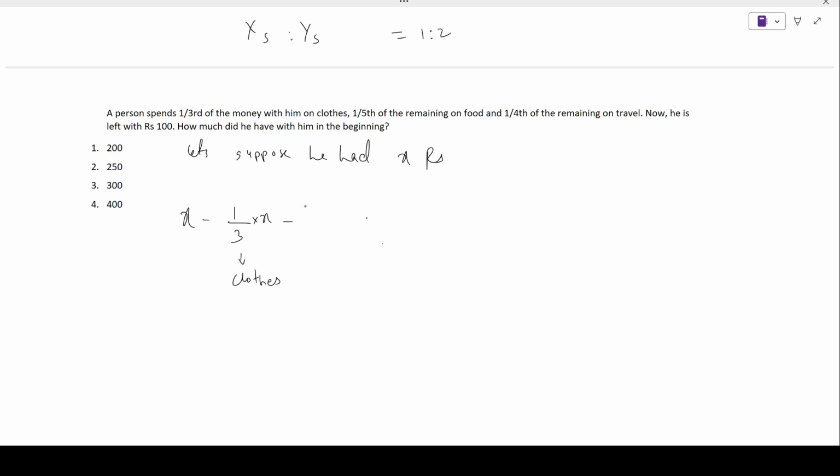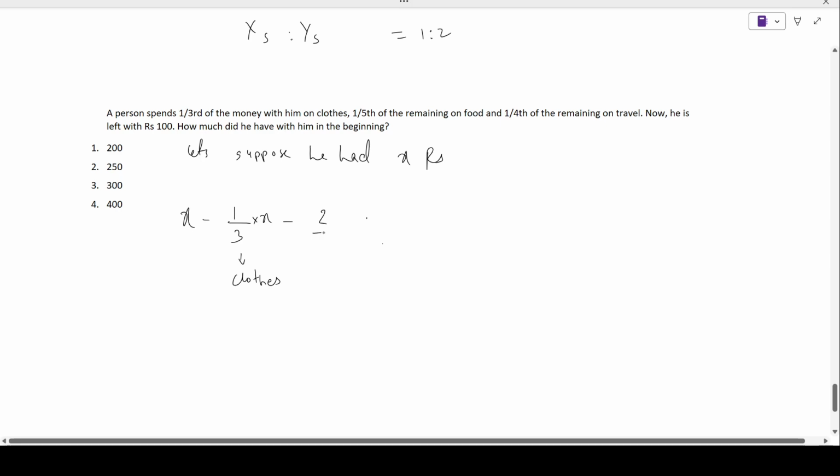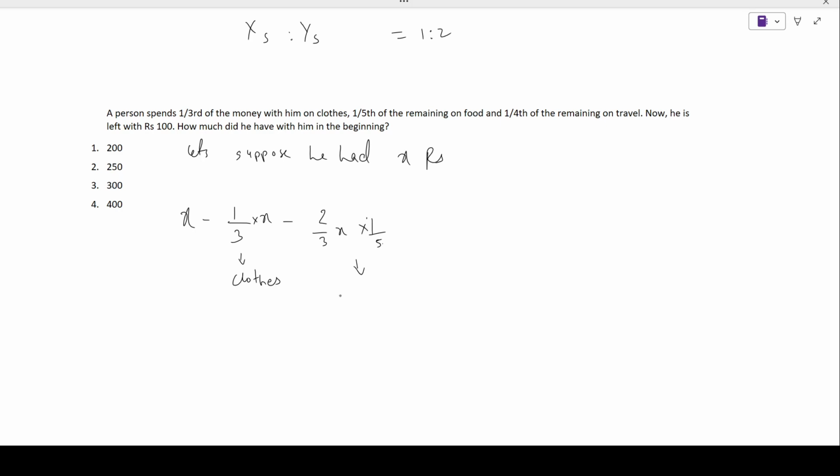So out of 2 by 3X, 1/5 is spent on food. If 1/5 of 2/3X is spent, what is the money left? That will be 2 by 3X into 4 by 5 parts will be left of 2 by 3X.